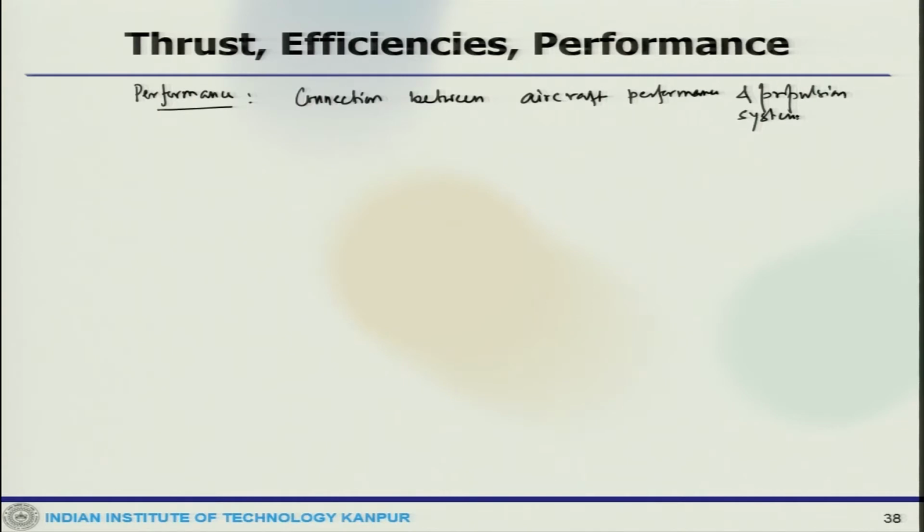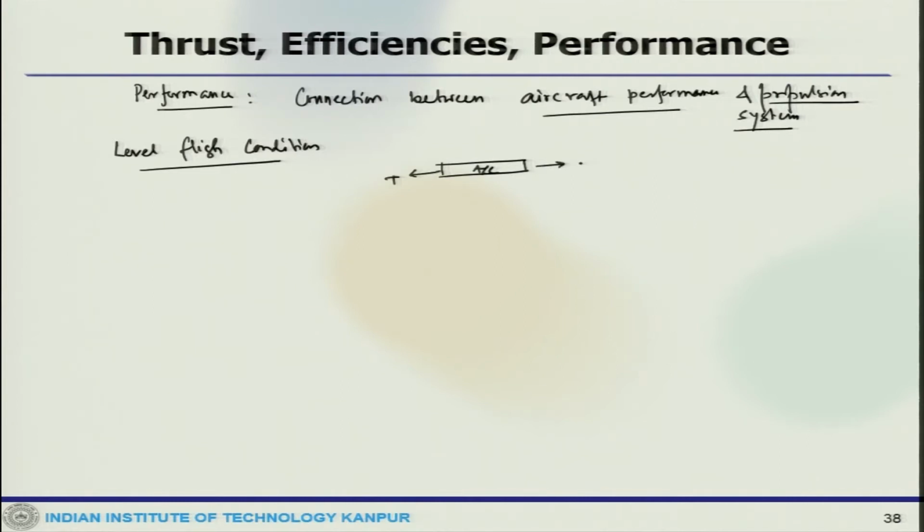What we have looked at is this quantity, but now this is the one we want to look at, so that these two are connected and one can see how they affect each other. Again, we are assuming the level flight condition. If you recall, in level flight, if this is the aircraft, this is how thrust works, this is lift and this is weight.